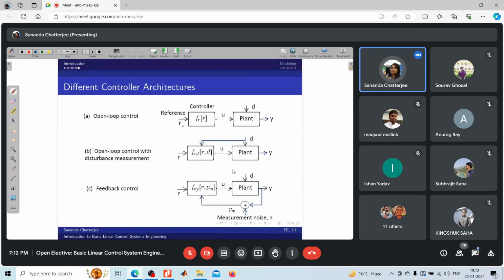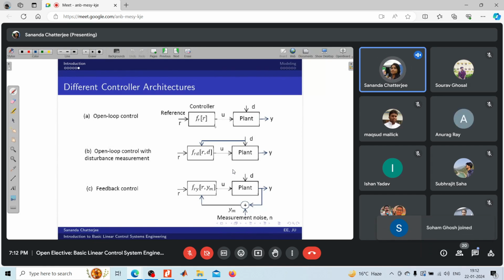where we discussed what an open loop control is. That is, the control effort u will be generated based on some predefined function for which y will follow the reference signal r.